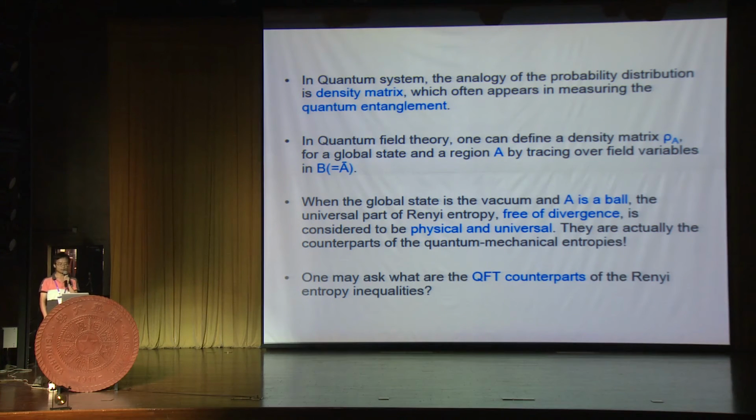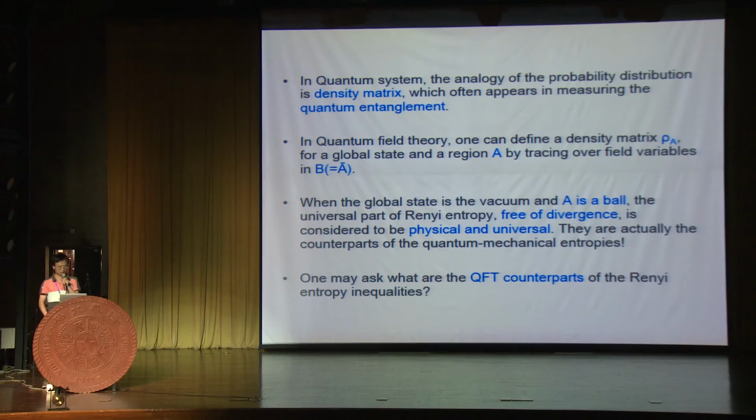When the global state is vacuum and A is a ball, the universal part of the Rényi entropy, which is free of divergence, is considered physical and universal. By physical and universal, I mean scheme independent. They are the counterparts of the quantum mechanical entropies, which, as said before, satisfy a set of inequalities. So one may ask, what are the quantum field theory counterparts of the Rényi entropy inequalities?